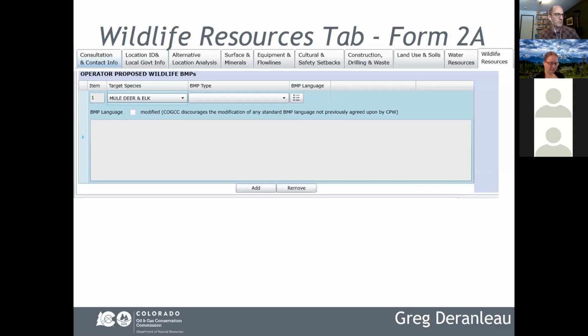So again, this should be familiar to you. There are a few changes in here. The first change is in the target species. We've updated that to have the new species and habitats as named under the HPH, and we've also included the aquatic species in the target species list.